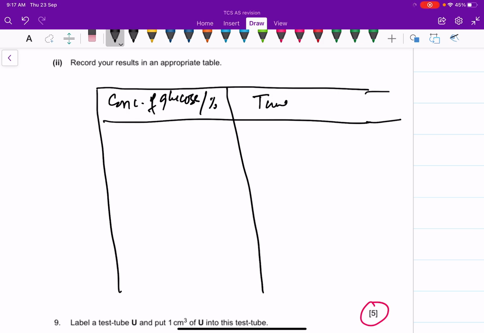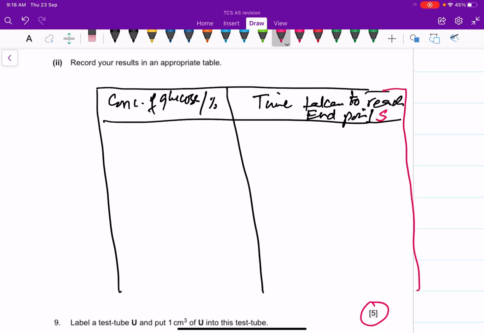Time taken to reach end point. Okay, and we can simply write time taken, or we can simply write time. That doesn't matter, and that is in seconds, so we should put this unit here, whole seconds.